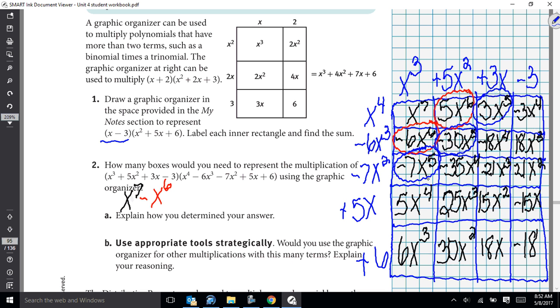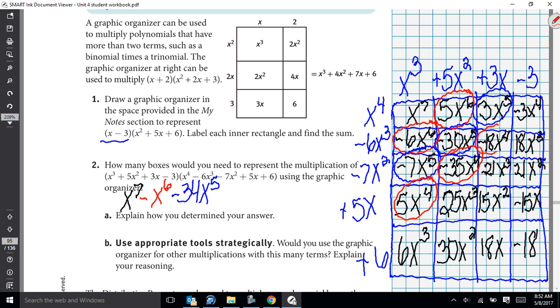So 3 minus 30 minus 7. Kind of close. What did you get? For the x to the fifth? I'm gonna go 34. That's what my calculator says. Alright, so let's go through and then we're going to look at x to the fourths.